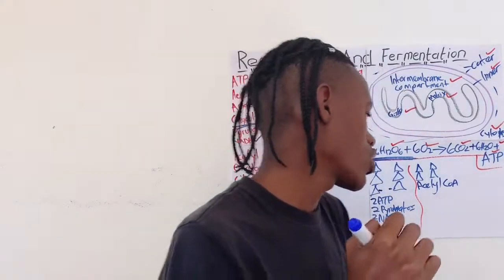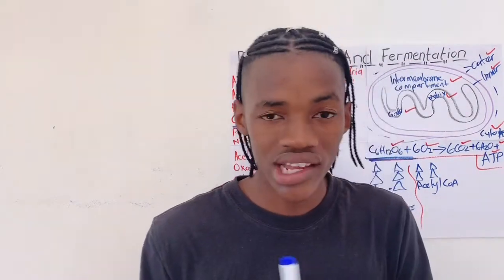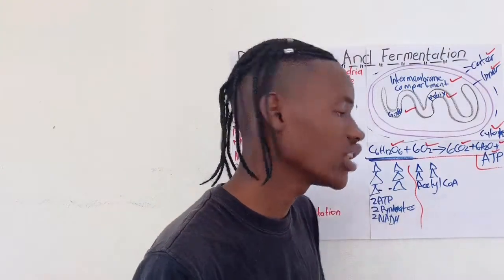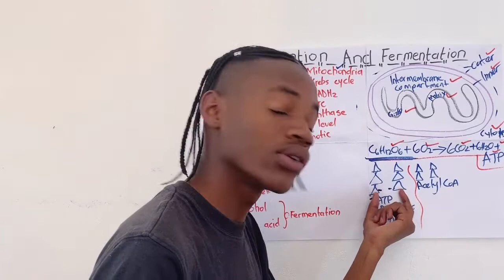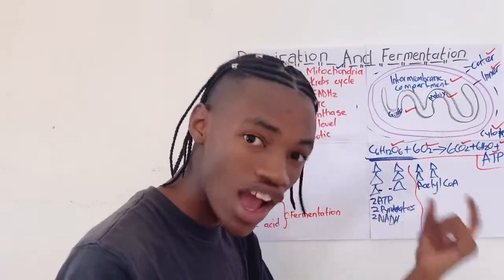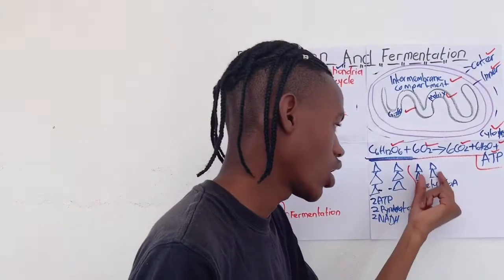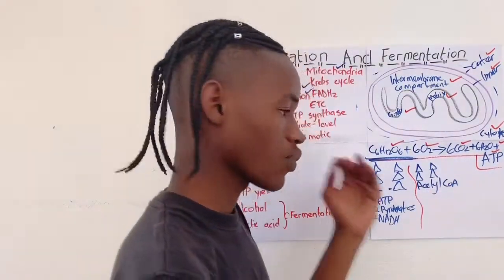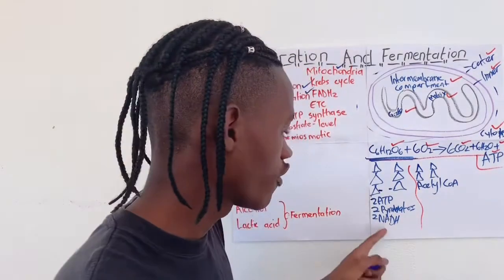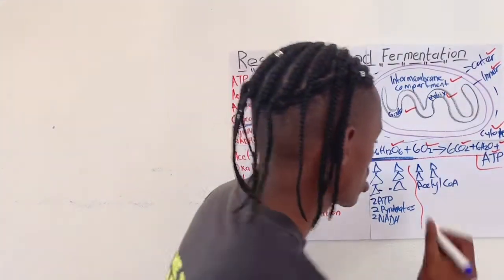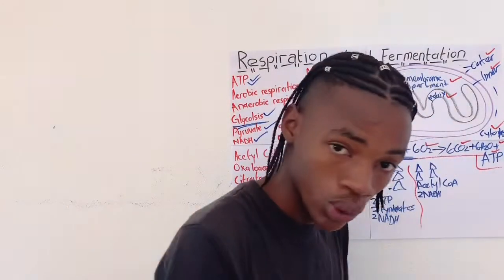It is called acetyl coenzyme A, but we can just call it acetyl CoA. So what happened? Carbon dioxide was released from the process, and 2 further molecules of NADH are produced.